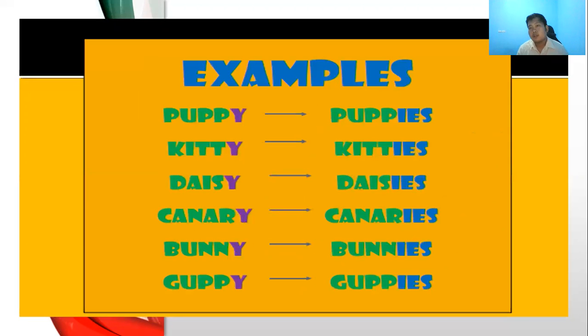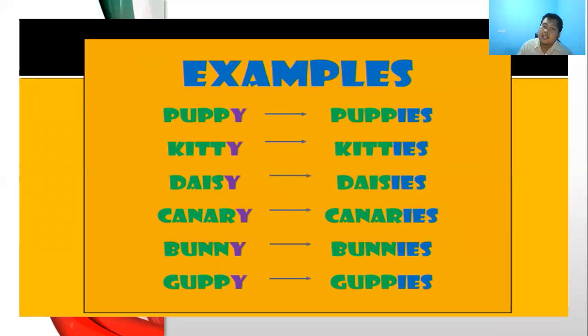Examples. Puppy. Puppy ends with y, so we have to change y to i and add es. Kitty ends with y, so we have to change y to i and add es. Daisy ends with y, so we have to change y to i and add es.